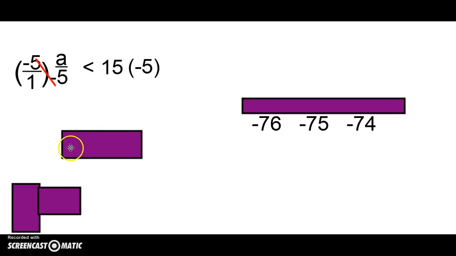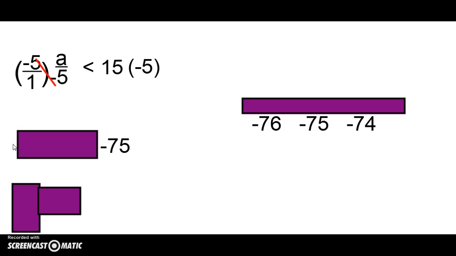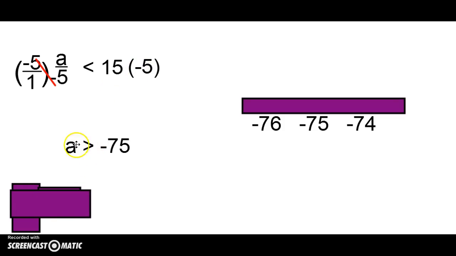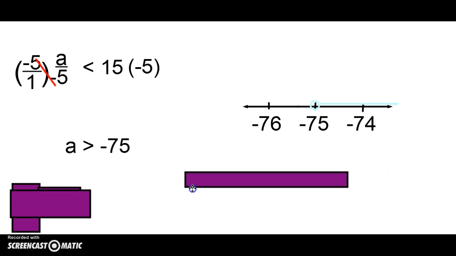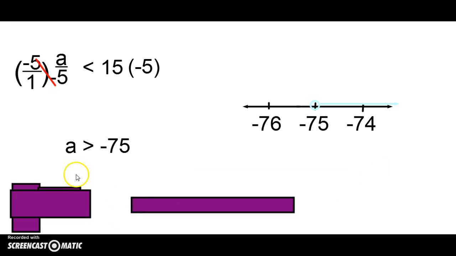Positive times a negative is a negative answer, but because the number I multiplied by both sides is negative, we flip the inequality. Don't forget that. Then that means A is greater than negative 75. Greater than negative 75, but not equal to, so it's an open circle.